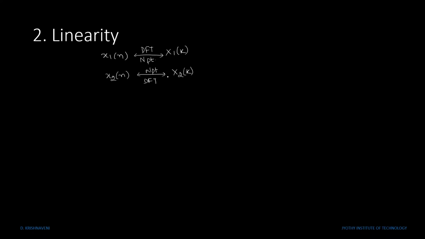Then for any real valued or complex valued constants a1 and a2, a1 x1 of n plus a2 x2 of n, when we perform N-point DFT, we should get a1 x1 of k plus a2 x2 of k.